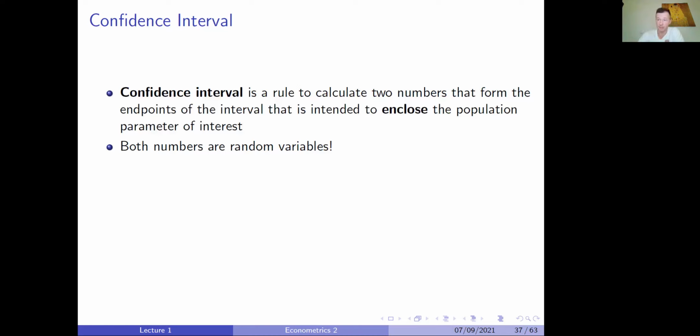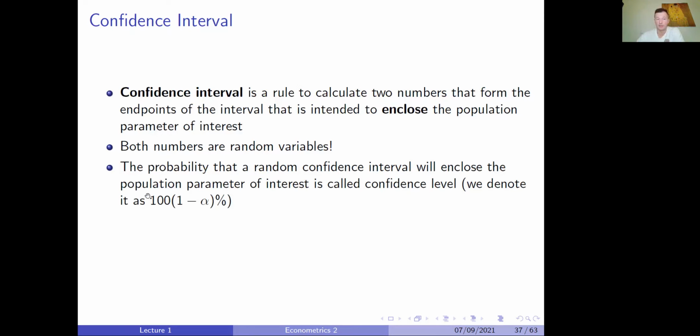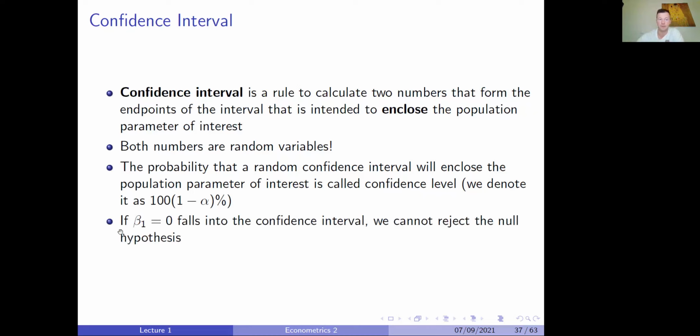Depending on your random sample, the confidence interval will be different. And with the given probability, which we call the confidence level, this confidence interval would enclose the true population parameter. So if beta 1 equals 0 falls into the confidence interval, we cannot reject the null hypothesis.